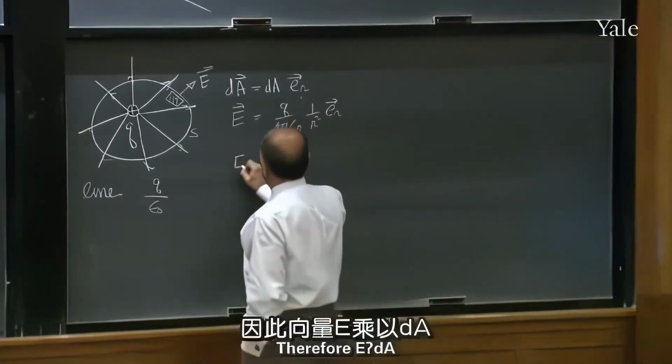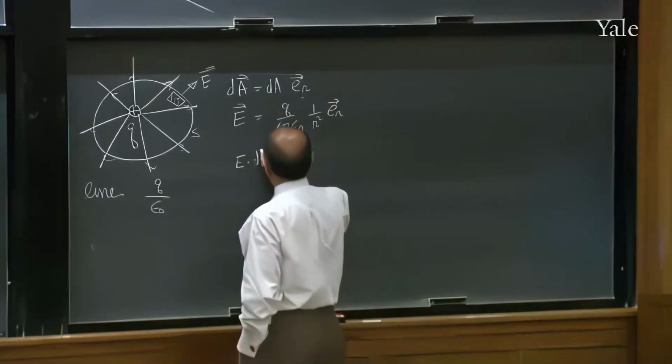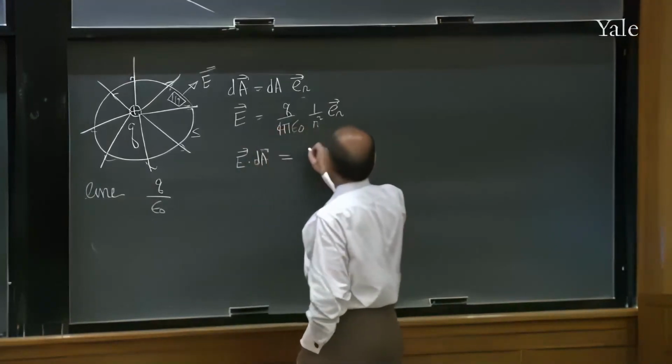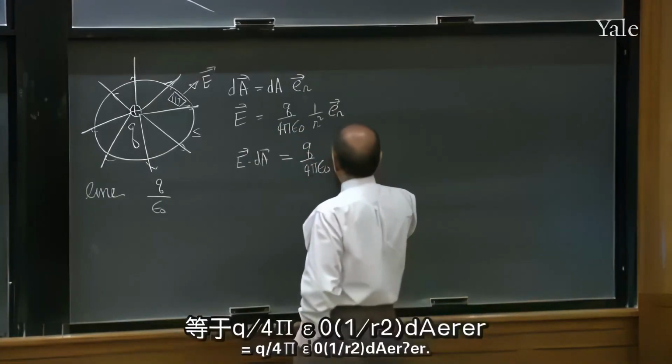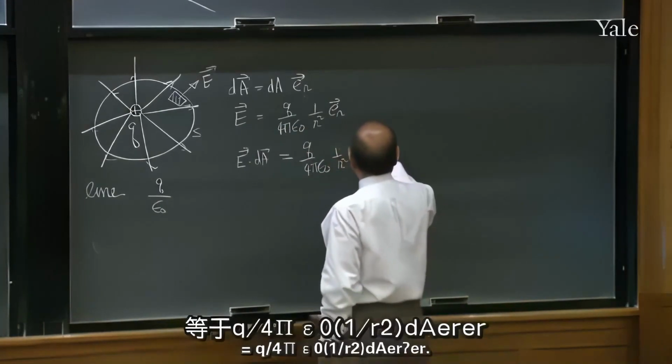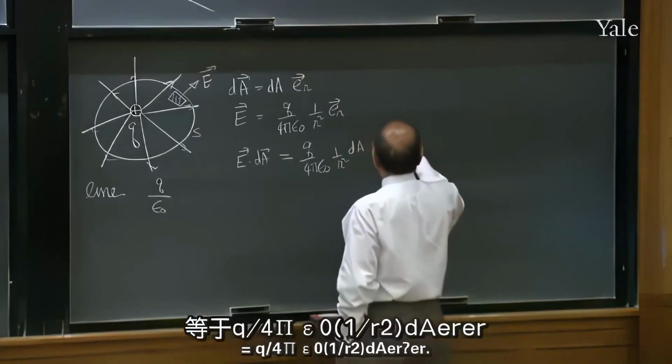Therefore, E dot dA is equal to Q over 4 pi epsilon 0, 1 over R square dA times ER dot ER.